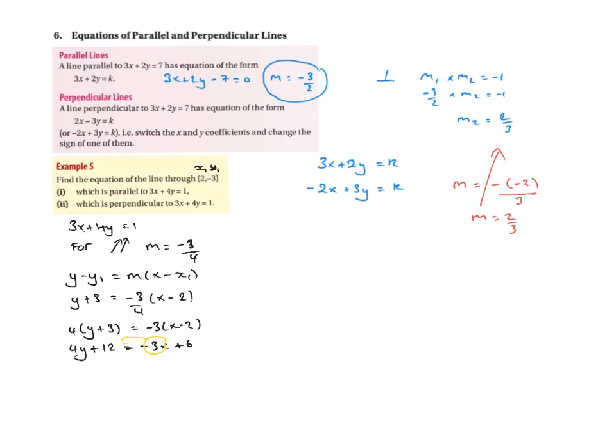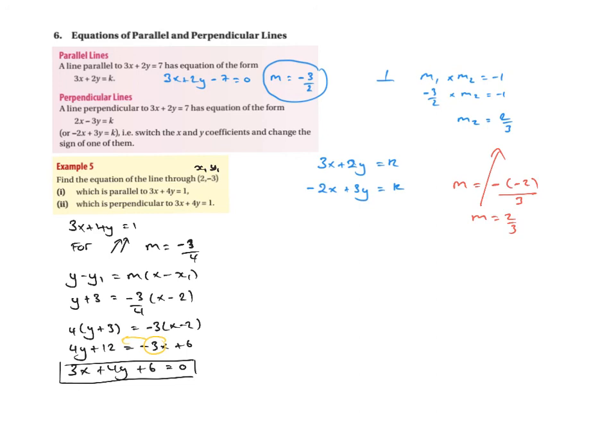If I do that, I get 3x, because minus 3x, I have to do the opposite, which is plus 3x, plus 4y, and I get plus 6 is equal to 0. And that there is the equation of the line which is parallel to 3x plus 4y is equal to 1, but goes through the coordinate (2, negative 3).